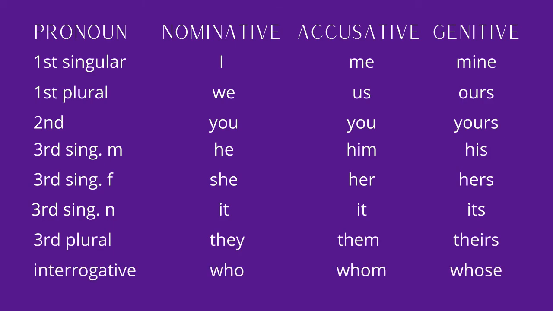Who, whom, whose. So we regularly use the nominative, accusative, and possessive genitive of our personal and interrogative pronouns. Though we do also have the confusing habit of having a lot of overlap between forms and also with our possessive pronouns, if you're wondering where things like my fit in.